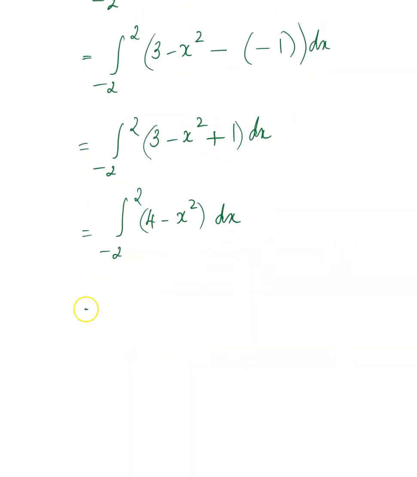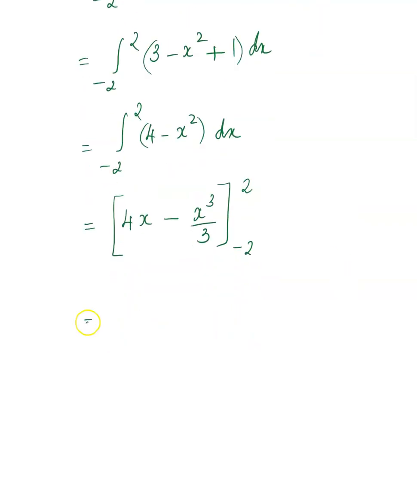Okay, it's time to integrate. 4x minus x cubed over 3. This whole thing can go from negative 2 to 2. This is top function minus bottom function.